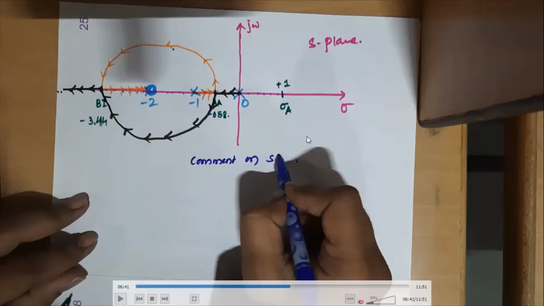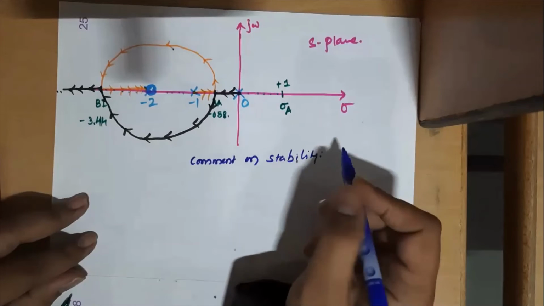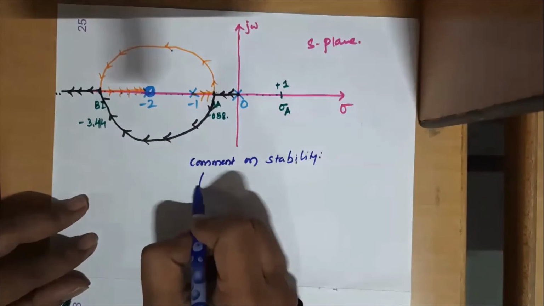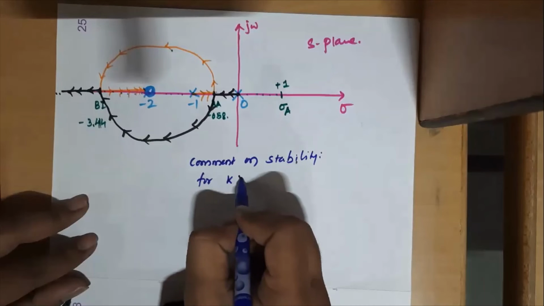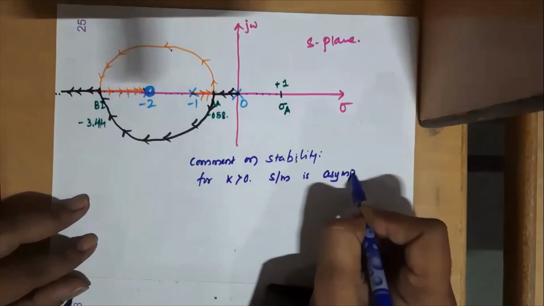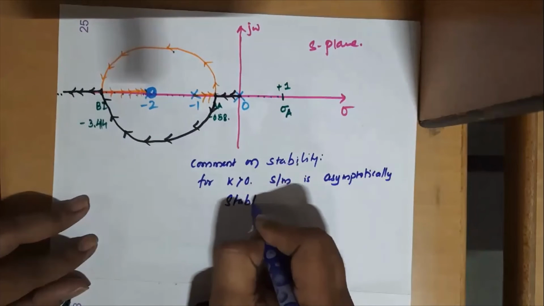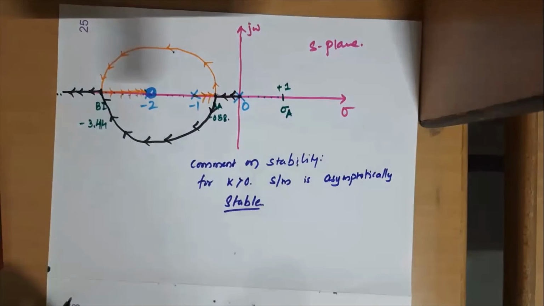the system is stable for k greater than 0. For k greater than 0, the system is asymptotically stable. So this is a safe comment, because obviously the system will be tested for k greater than 0 only.